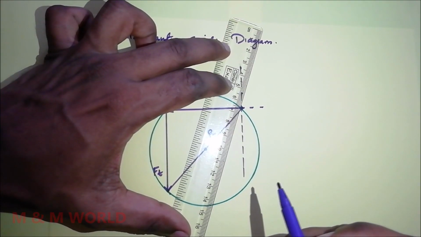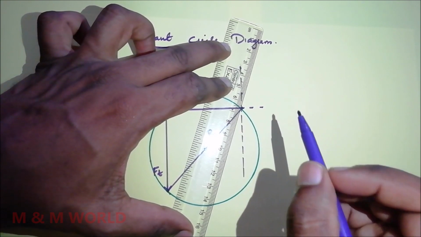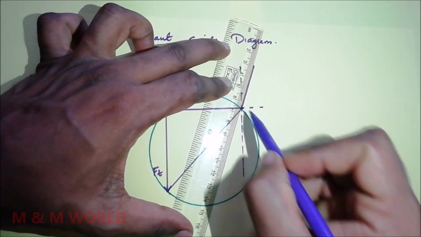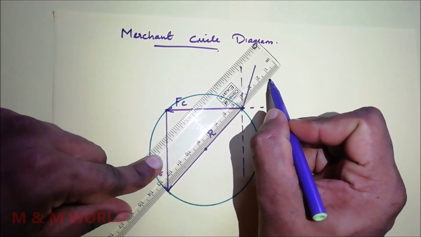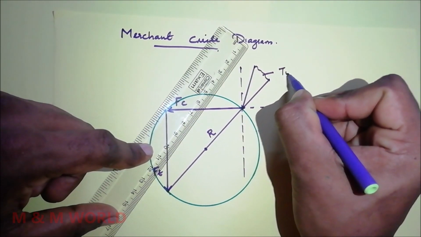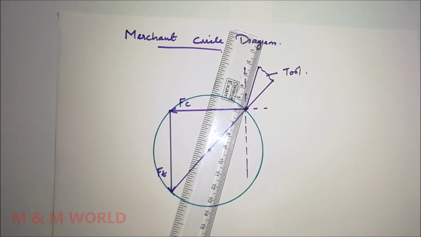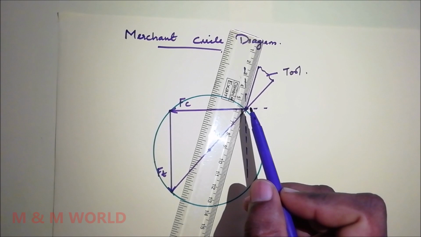Next draw the cutting tool with the correct rake angle. So this is the tool. Now extend the line from the face of the cutting tool to the circle.